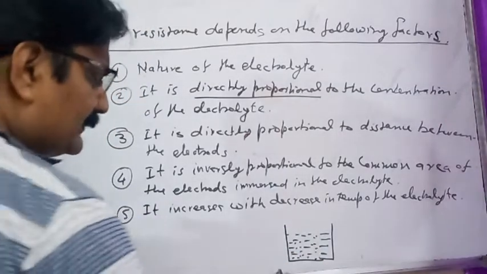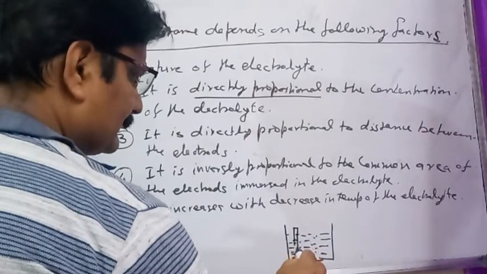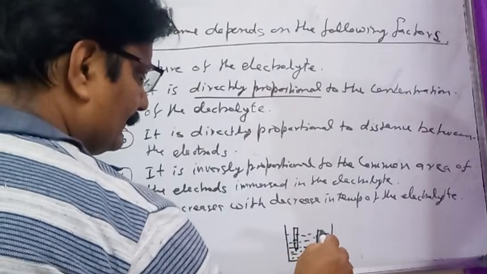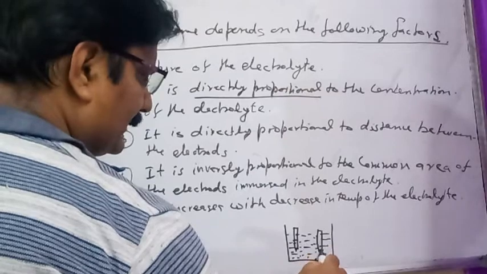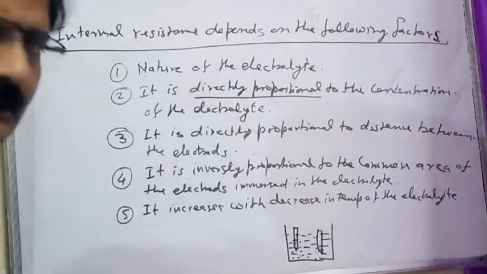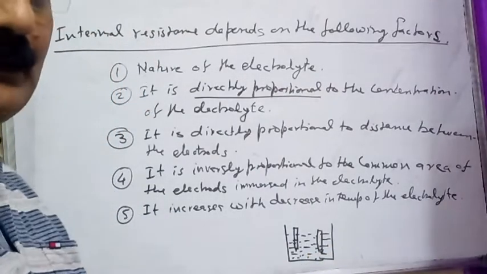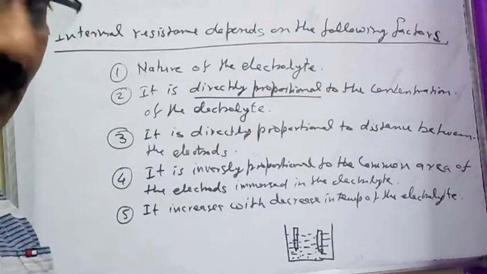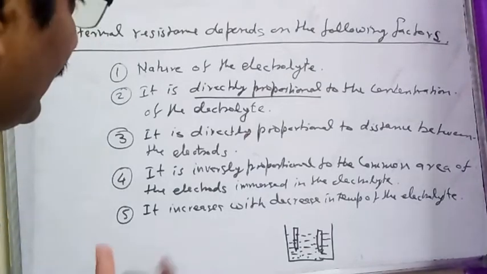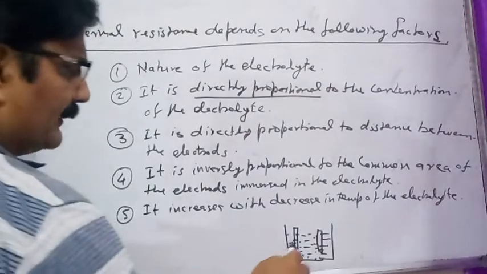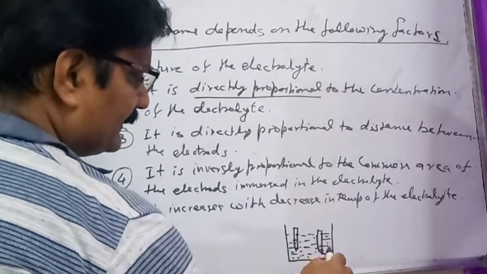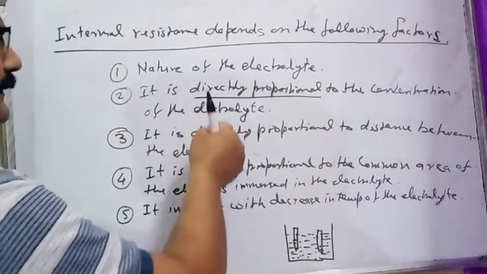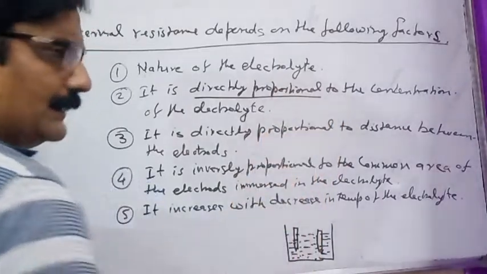So when these ions move in two different directions and their concentration is high, in that condition chances of collision between the ions at the time of their movement in two different directions increases. So that is why if concentration of the electrolyte in a cell increases, its internal resistance will also increase.